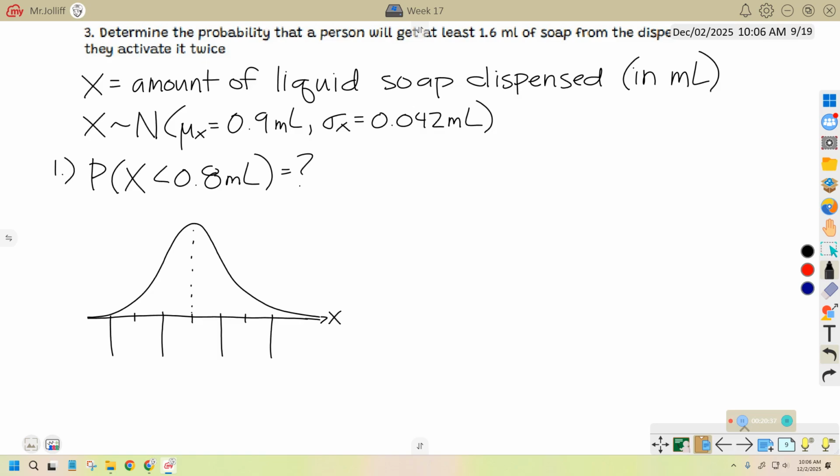It's not perfectly symmetric, but we'll work with it. That's the best I can do for now. Mean goes in the middle, so 0.9. And I know going forward, I'm adding 0.042.